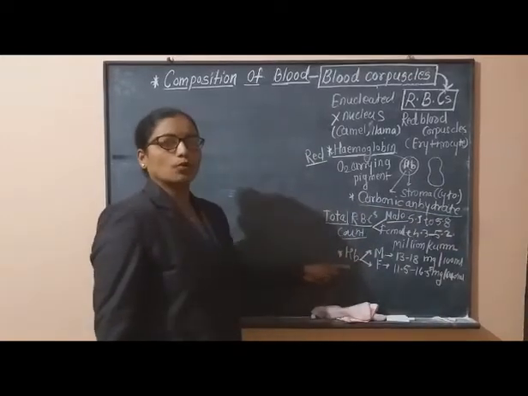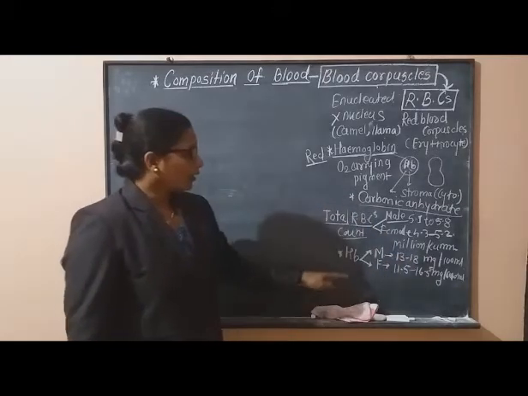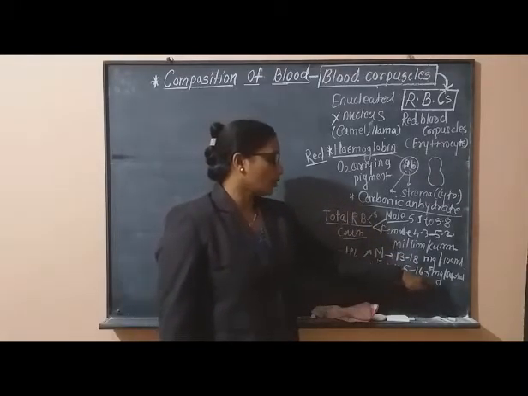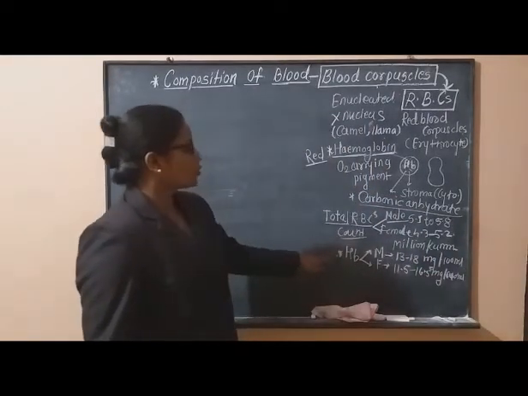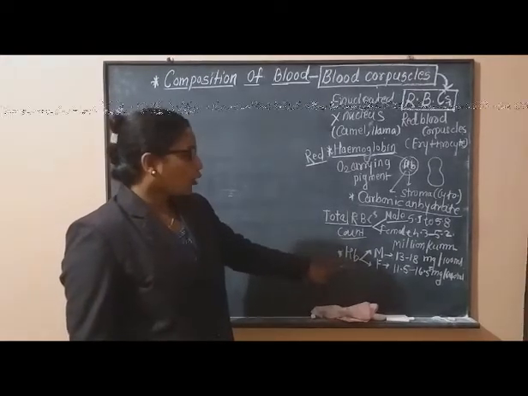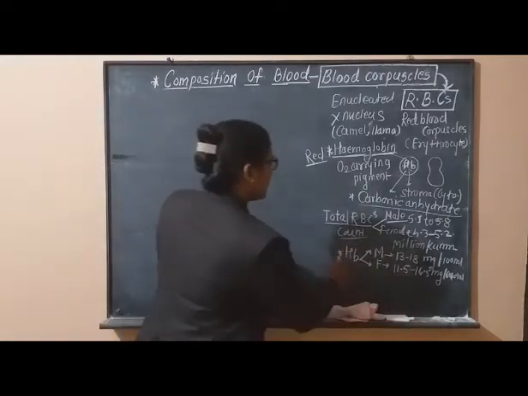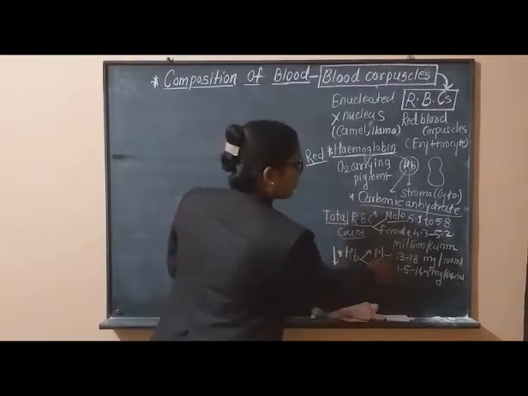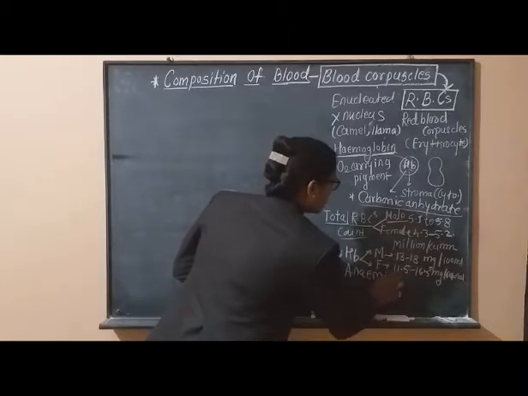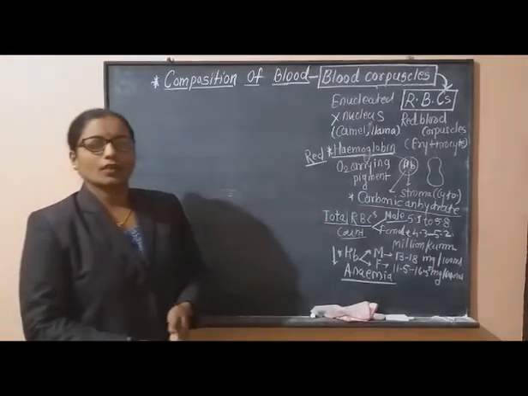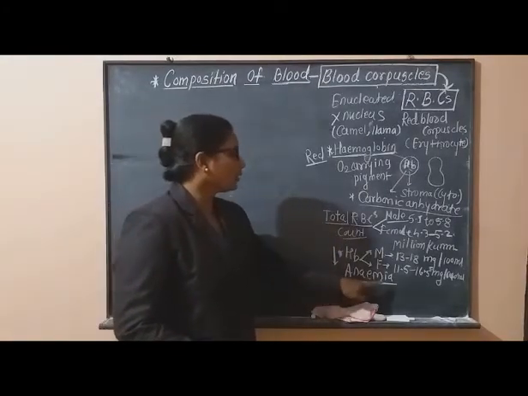These are the normal ranges. If the hemoglobin count of a person decreases or becomes below these normal ranges, it results in a condition called anemia. That is decreased count of the hemoglobin. This condition is called anemia.